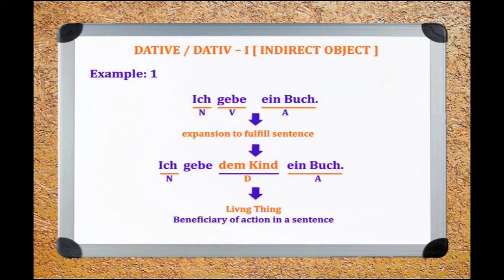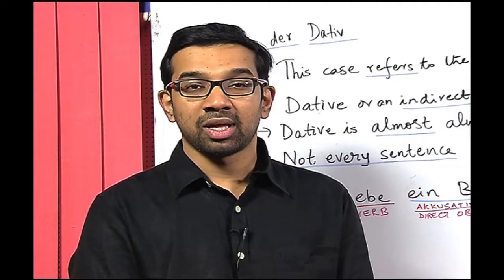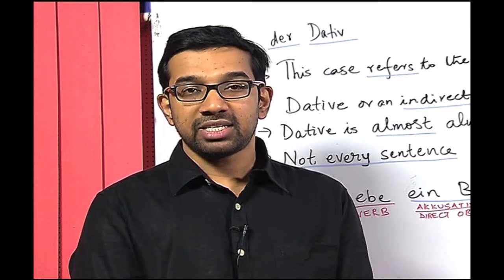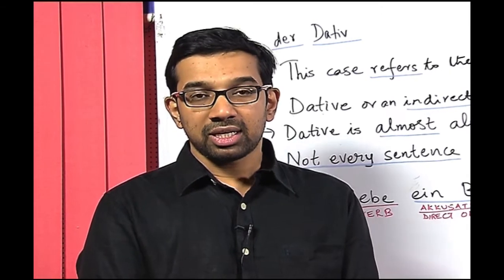That means the act of giving is received by the child. This new element changes the meaning of the sentence considerably. So, dative as the third case changes the article of the noun, as you can see from the example.